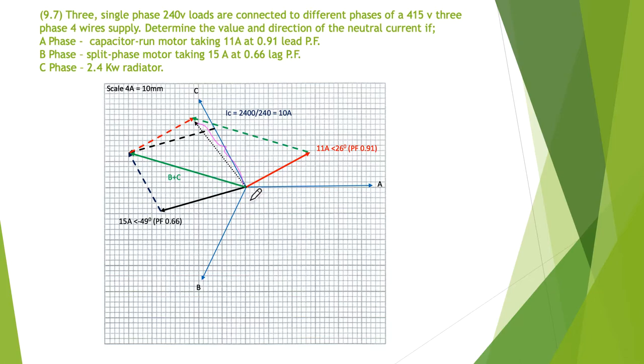But don't forget, like I said, we're going to have to project that length out here at 180 for our final answer. So there it is. I scaled it off on my drawing at 12 amps at minus 50 degrees.